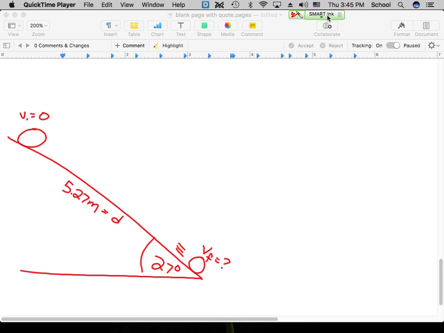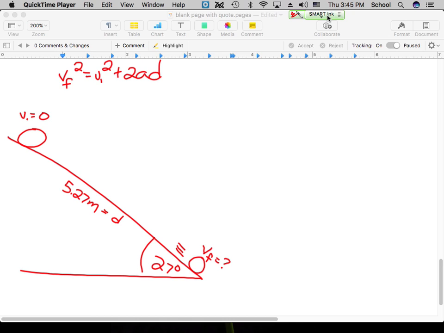So when we look at this, we say, well, VI, VF, and D show up in two different equations. The other one that has VI and VF and D in it also has T in it, but it's easier to find A than it is to find T in this particular situation.